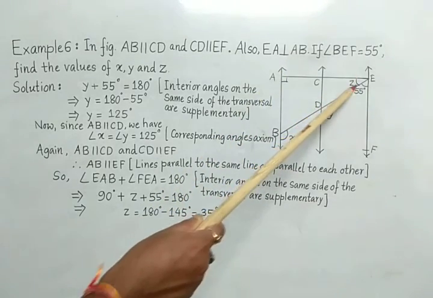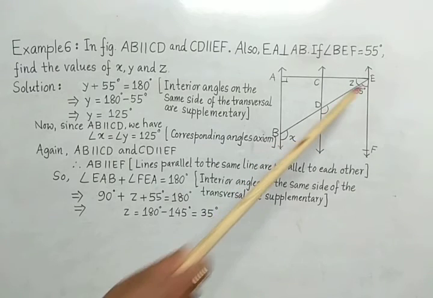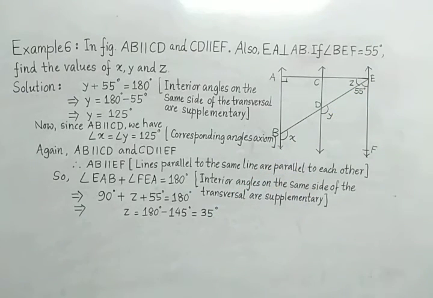That means angle EAB will be equal to 90 degrees. This is clear. Now angle BEF is equal to 55 degrees. This is given to us. Now we need to find out the value of X, Y and Z. This is our main task in this example. So let us begin.